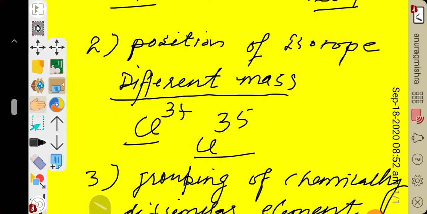Then, position of isotopes. Scientists could not explain the position of isotopes. We all know isotopes have the same atomic number and different mass numbers. If the mass number is different, then isotopes must have different positions, but it was not like that. Isotopes did not have any different position.